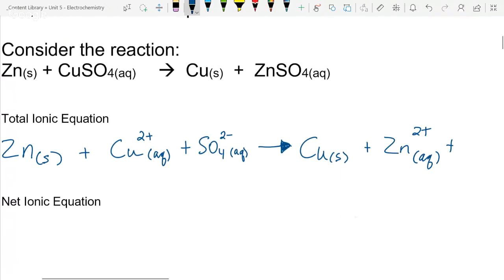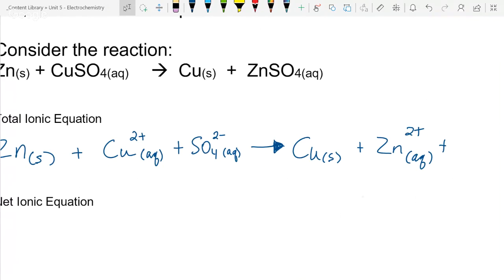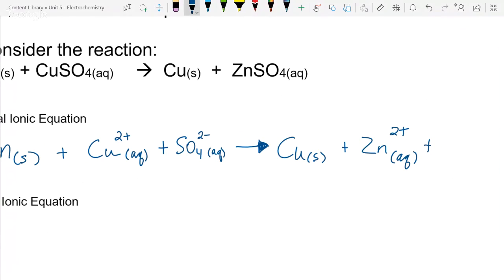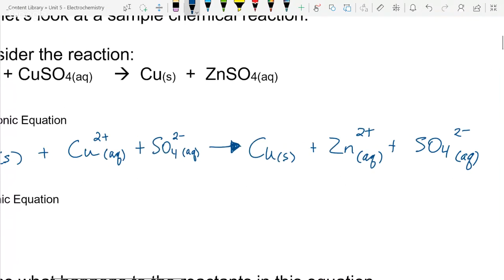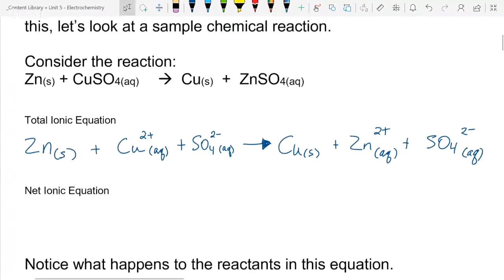And Zach Brown? What do I get here? Very good. What charge? Very good. Thank you. Now, we want to take that total ionic equation.